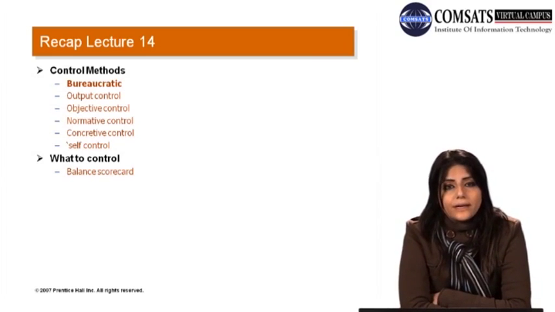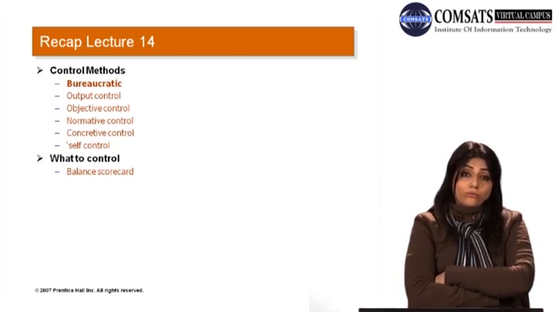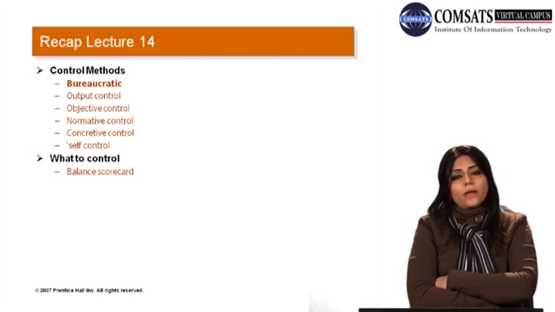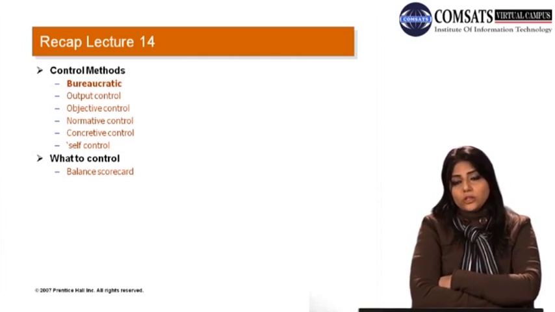So what happens is that we had a discussion on what we have to control, because previously this was the concept in the organizations that a good indicator of control is the financial control, right?